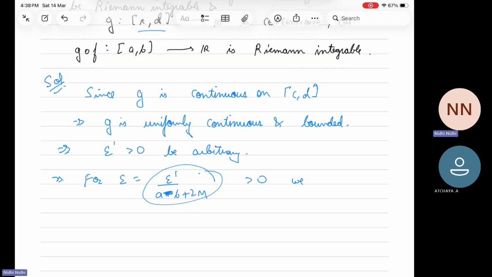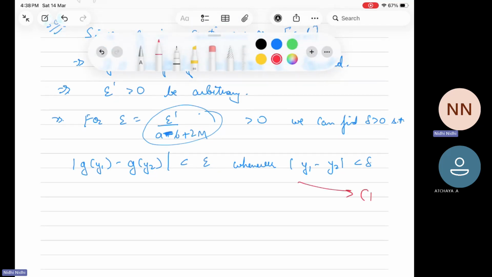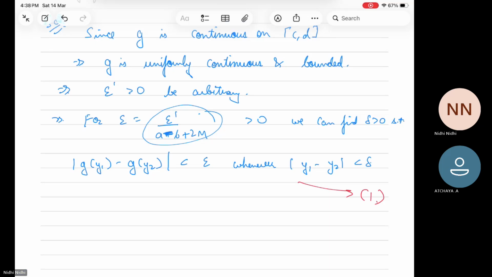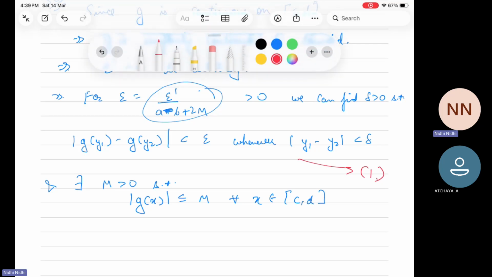That means for any epsilon positive, we can find a delta positive such that |g(y1) minus g(y2)| will be less than epsilon whenever |y1 minus y2| is less than delta. So I'll mark this as first. And by boundedness, there exists some M positive such that |g(x)| will be less than or equal to M for every x in closed interval [c, d]. Let's mark this as equation 2.